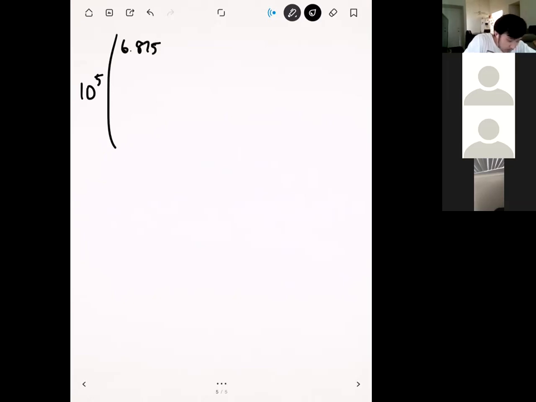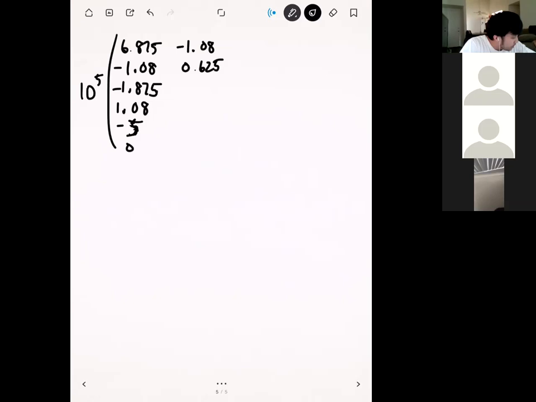We're going to have 6.875, minus 1.08, minus 1.875, 1.08, minus 5, and then 0. Okay. Minus 1.08, 0.625, 1.08, minus 0.625, 0, 0, minus 1.875.